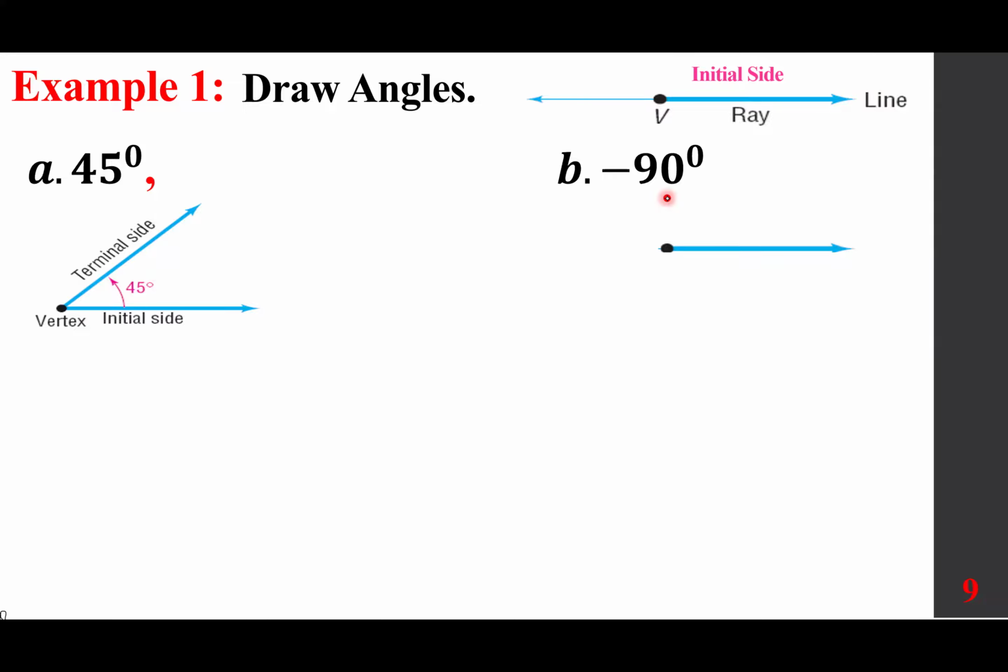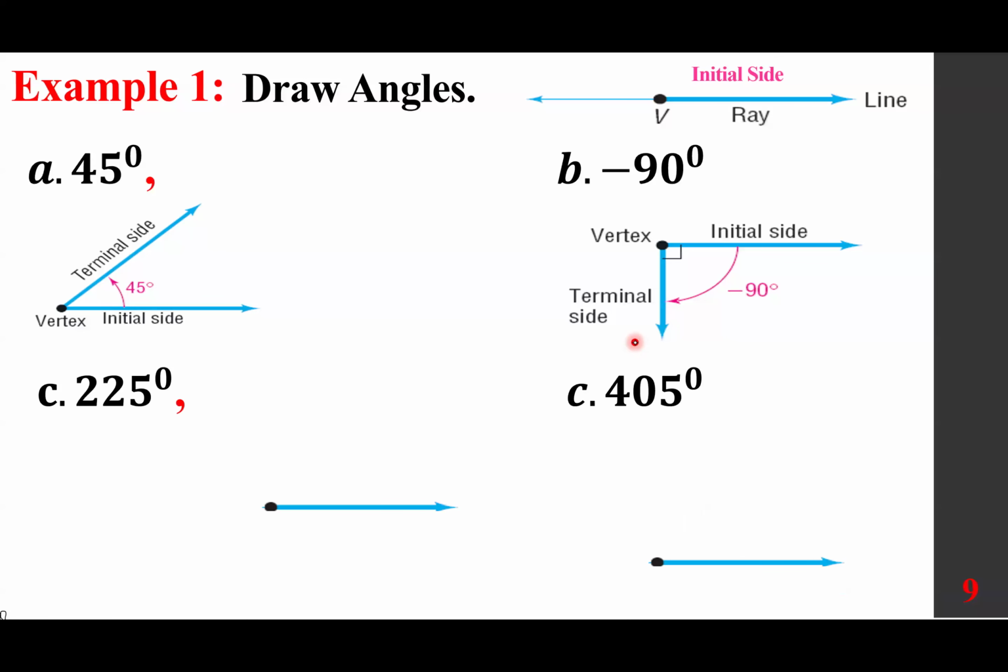Negative 90: remember, counterclockwise is positive, clockwise is negative. So we go clockwise 90 degrees. This is negative 90, clockwise. This is the vertex, initial side, terminal side. As you can see, they're all in standard position.